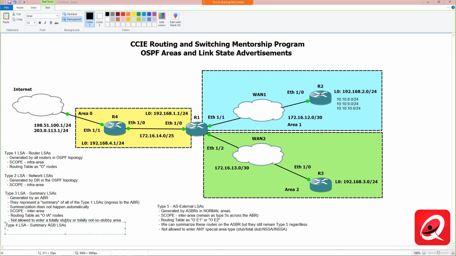For example, I'm always going to choose intra-area routes over inter-area routes. So if I know a prefix, receiving information in my database about a particular destination through Type 1s, I will use that route over a Type 3. Okay.